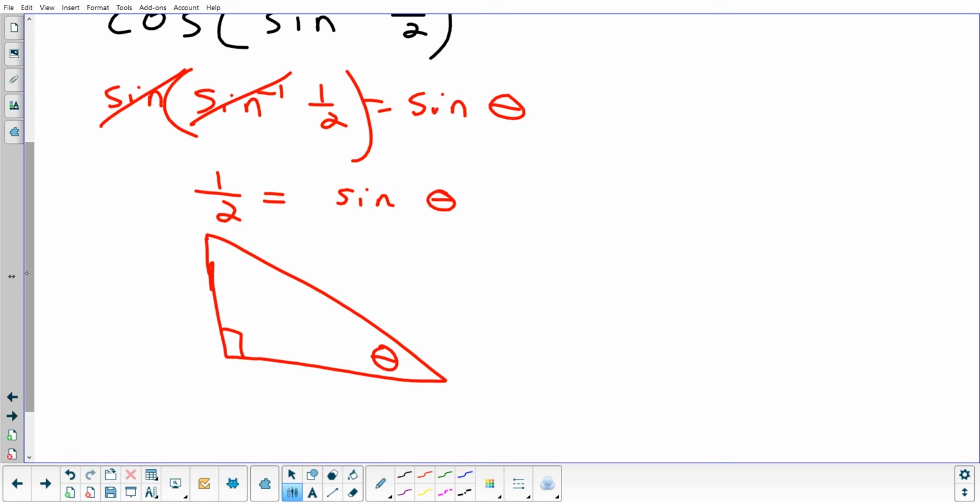The one across from the theta. Okay, so yep, they've given me the opposite and the adjacent? So what's the trig function we're looking at here?